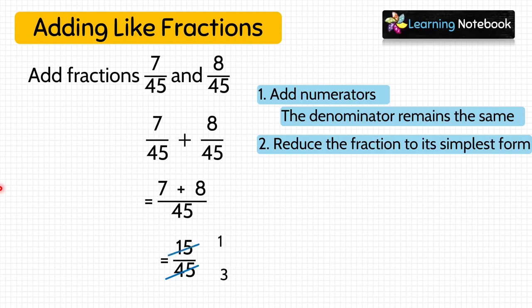Both the numerator and denominator have common factor 15. So let's divide both numerator and denominator by 15 and we get the fraction as 1 by 3. So do remember to reduce the fraction to its simplest form.